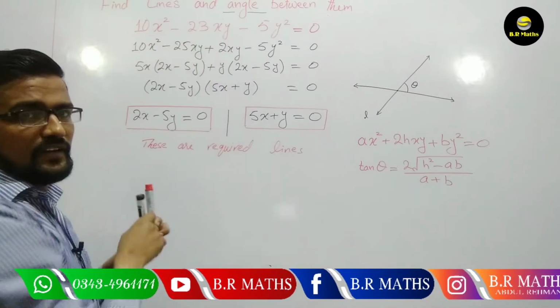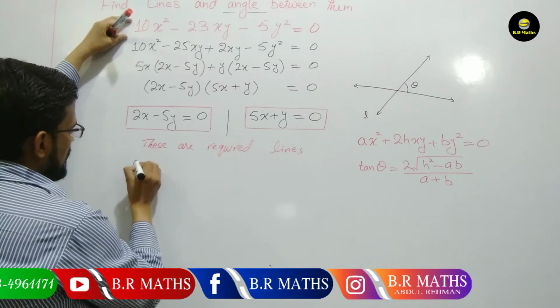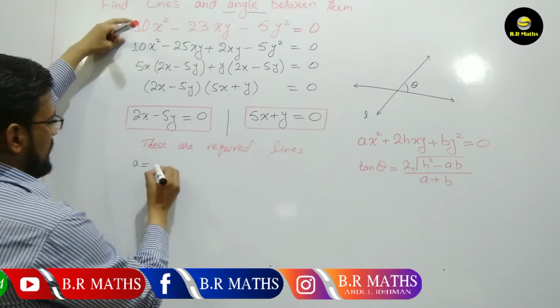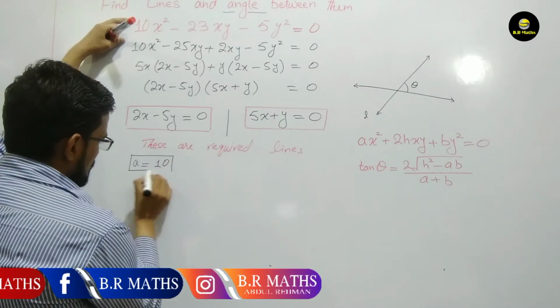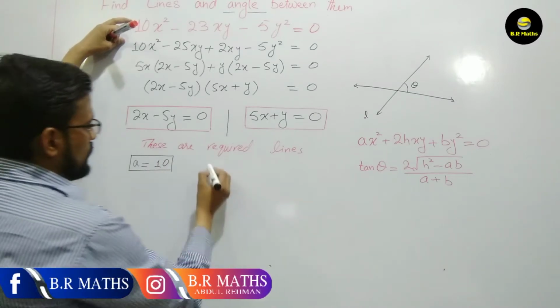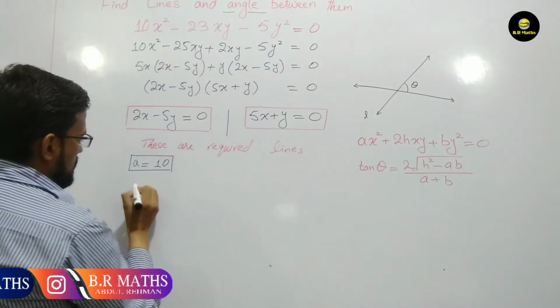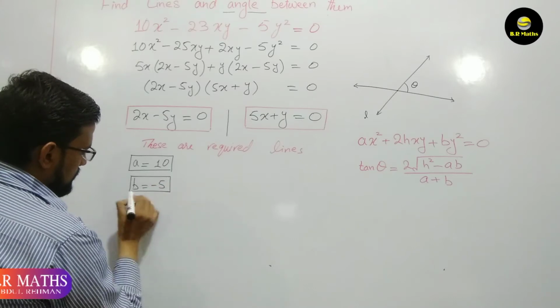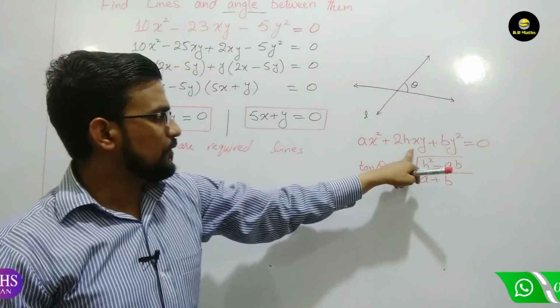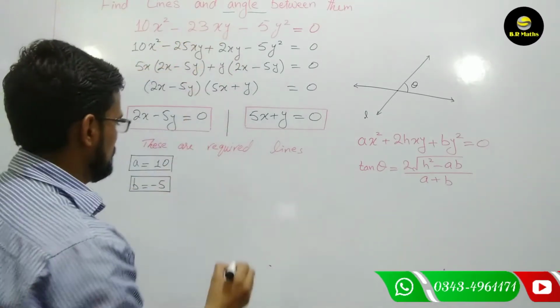By comparing this equation with the standard equation, find the values: a is equal to 10, b is equal to minus 5, and the coefficient of xy, 2h, is equal to minus 23.